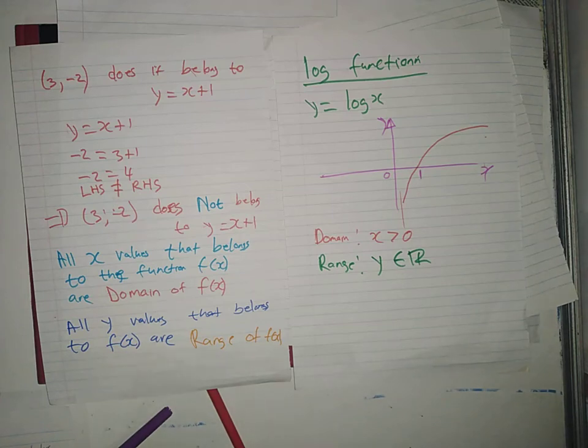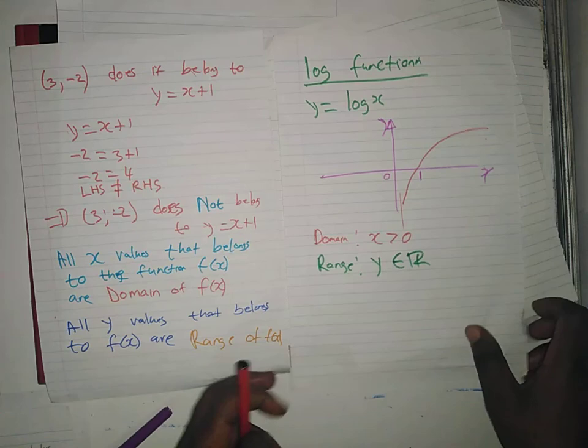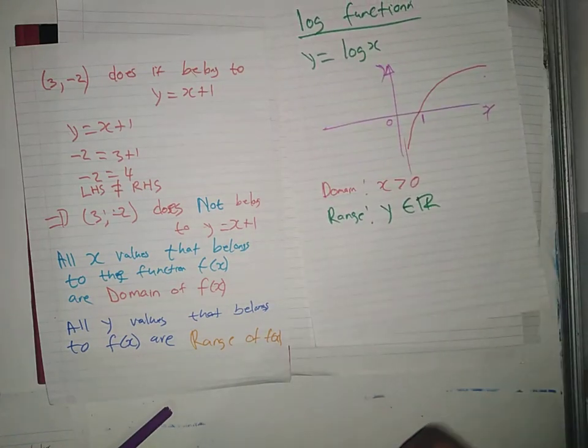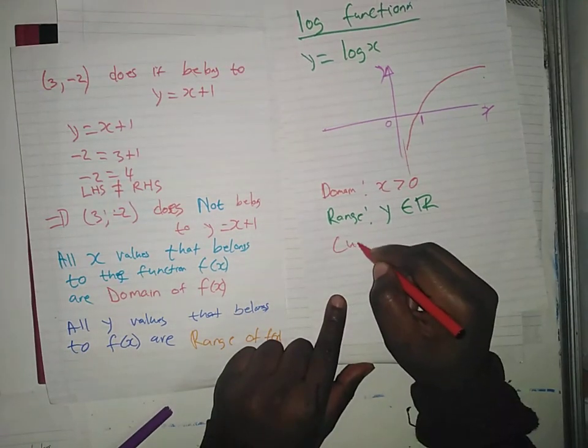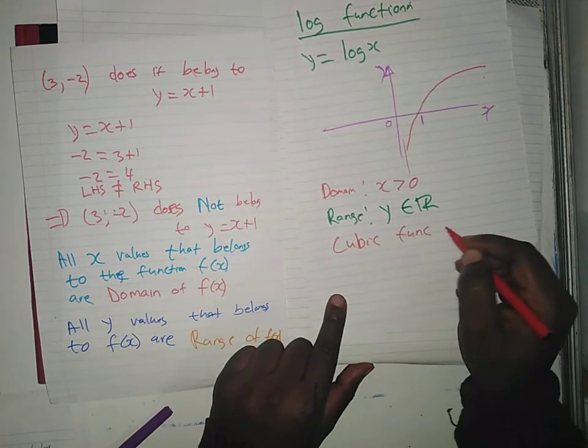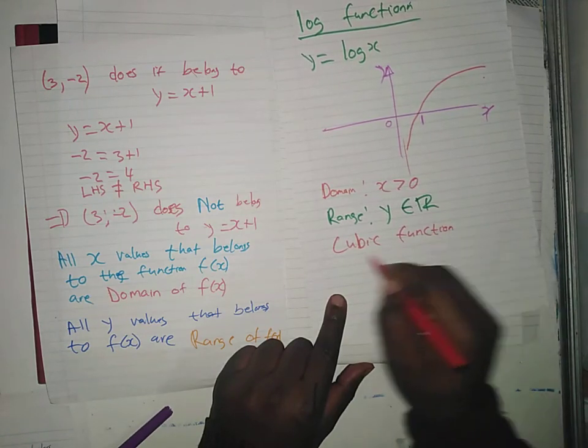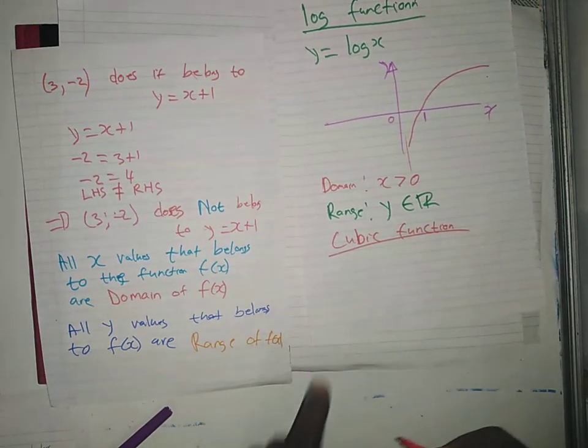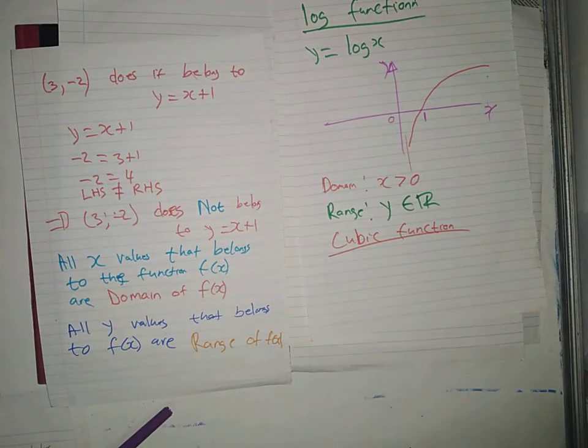Okay, and now you've got the most lovely function that I'm going to close with. I love it so much. It's called a cubic function. Okay, now, maybe I'm not supposed to say this because I'm teaching you guys to cheat.